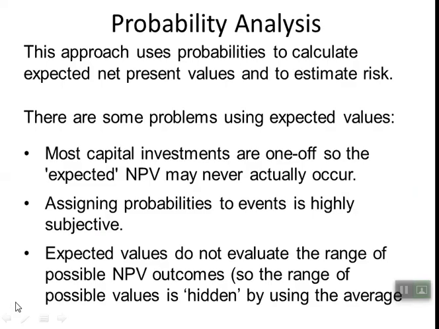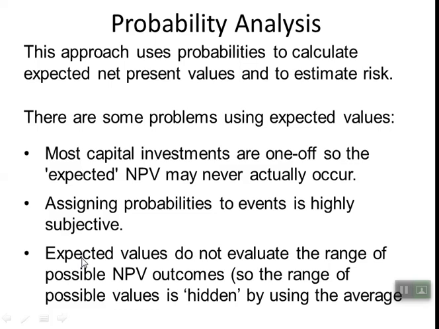So another technique that we look at is the use of probability analysis. In this case, what you are calculating is the expected net present value. So to get the expected net present value, you are now using the probabilities. What we do in this case is to get our cash flows, then times the probability of receiving those cash flows.